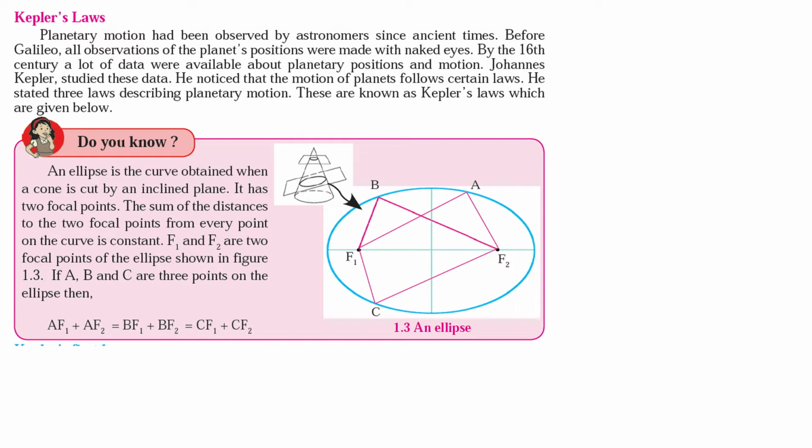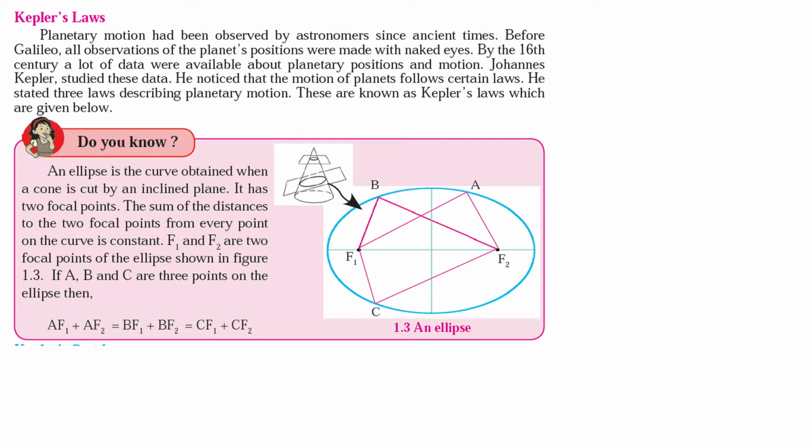Look at the cone cut by the inclined plane here, and whatever round shape you get is known as an ellipse. An ellipse has 2 focal points, and the sum of the distances to the 2 focal points from every point on the curve is constant. So F1 and F2 are the 2 focal points of the ellipse. Look at the diagram carefully.